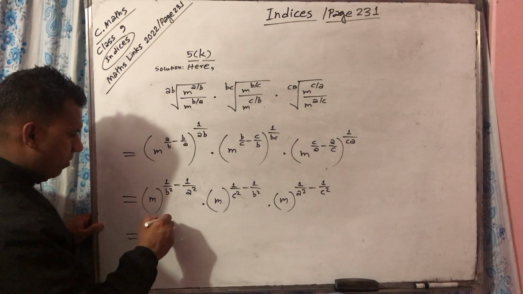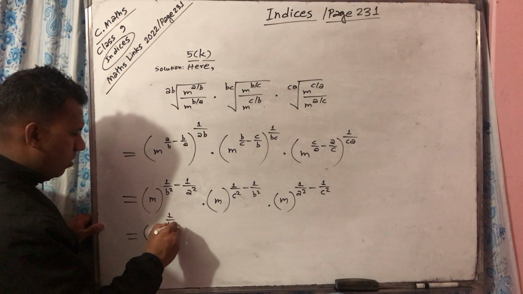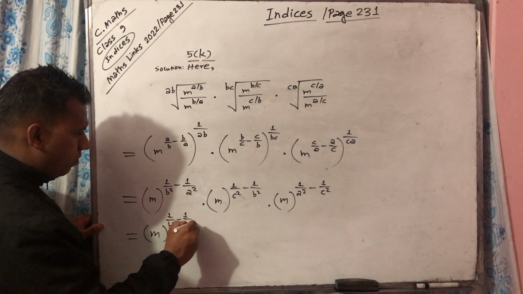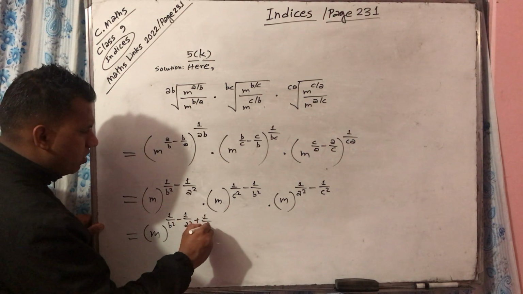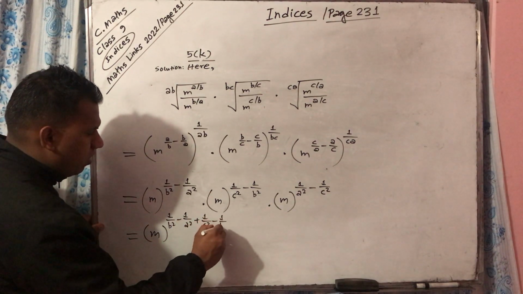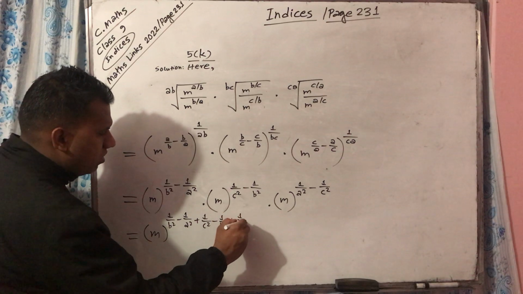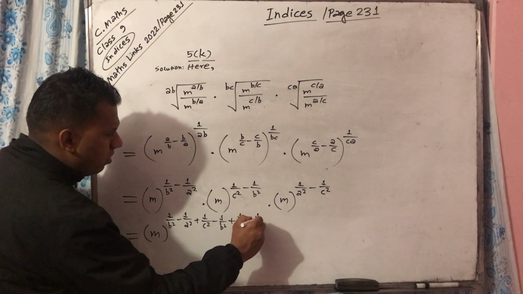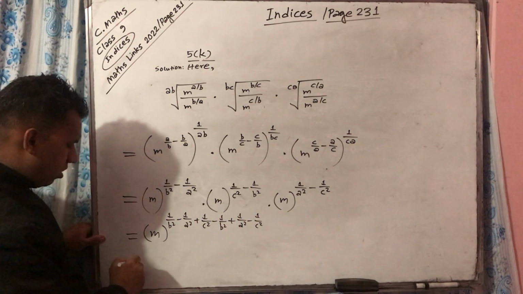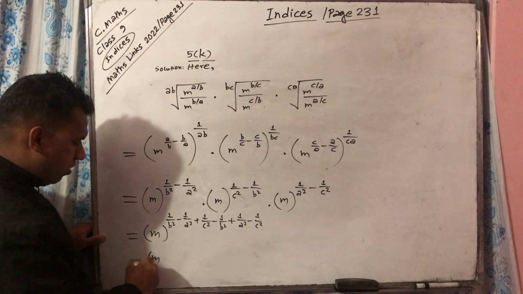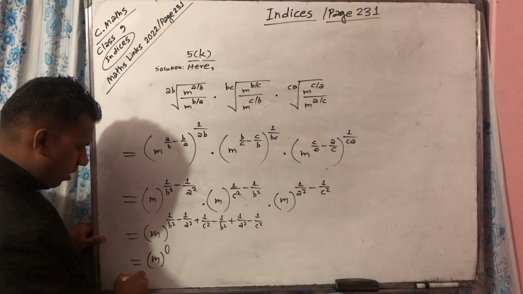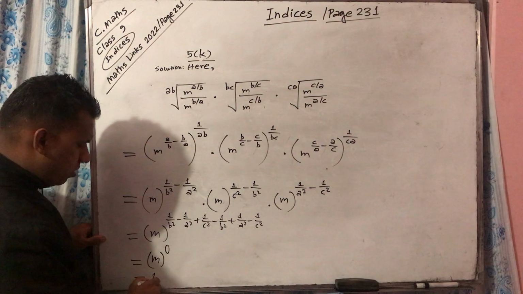M to the power 1 upon b square minus 1 upon a square plus 1 upon c square minus 1 upon b square plus 1 upon a square minus 1 upon c square. On the power, the sum of power becomes 0. So m to the power 0, that is 1.